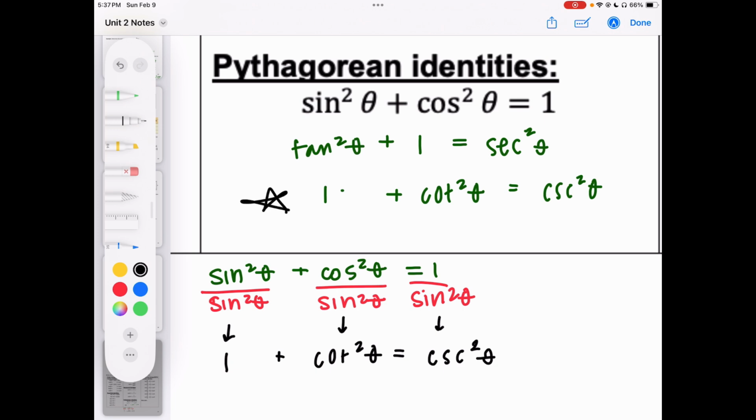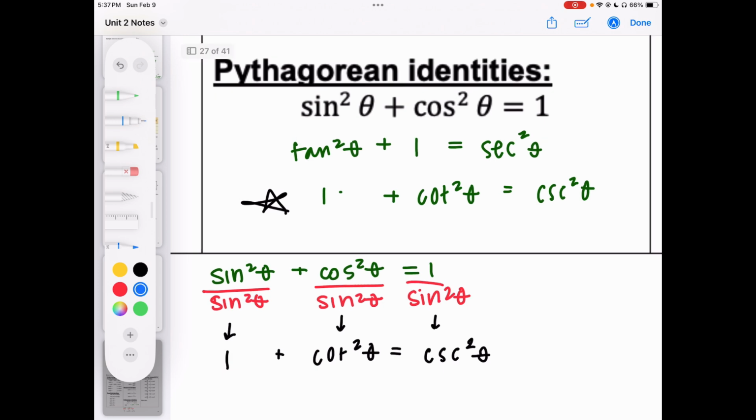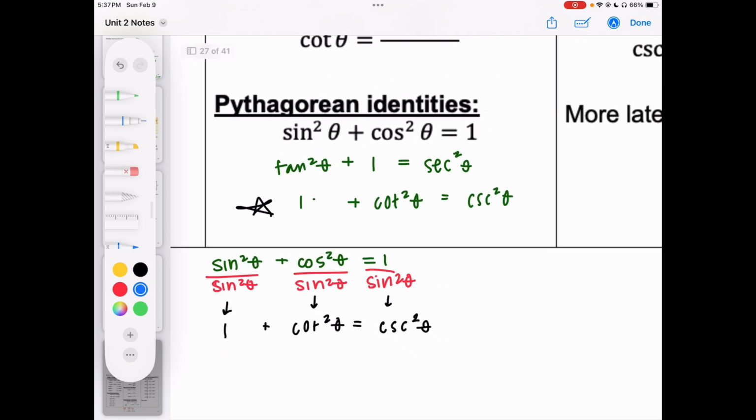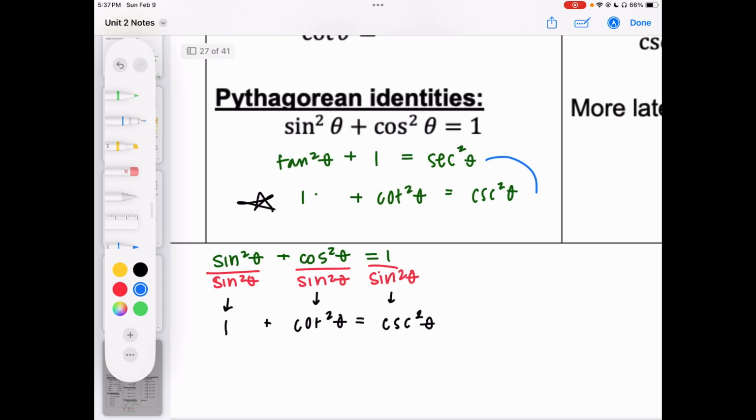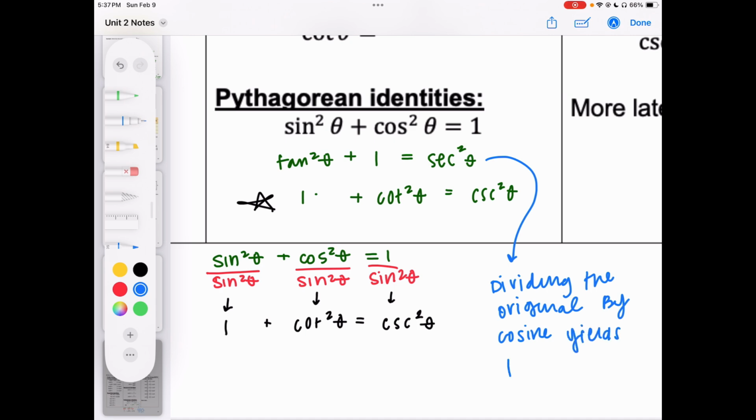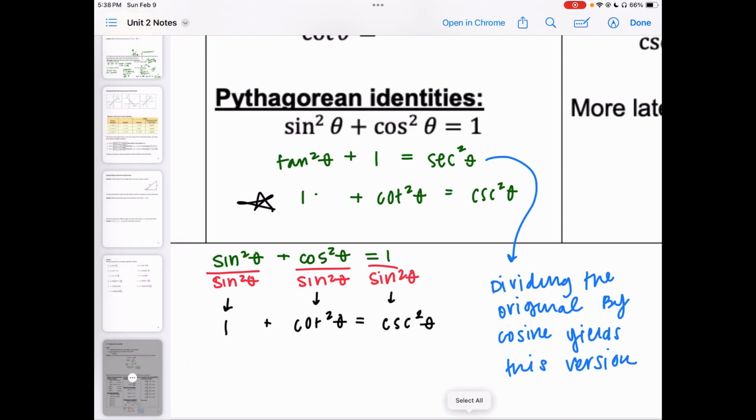That's what got us this guy. We can do the same thing if we were to divide everything by cosine. So I'm going to come down here, dividing the original by cosine yields this version. Okay. I encourage you to do that on your own paper to see it happen.